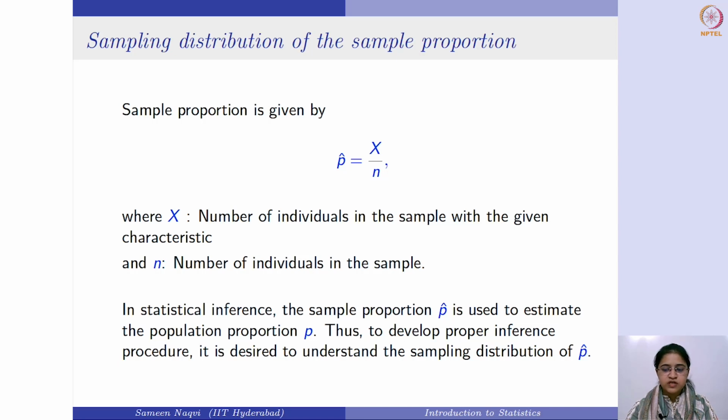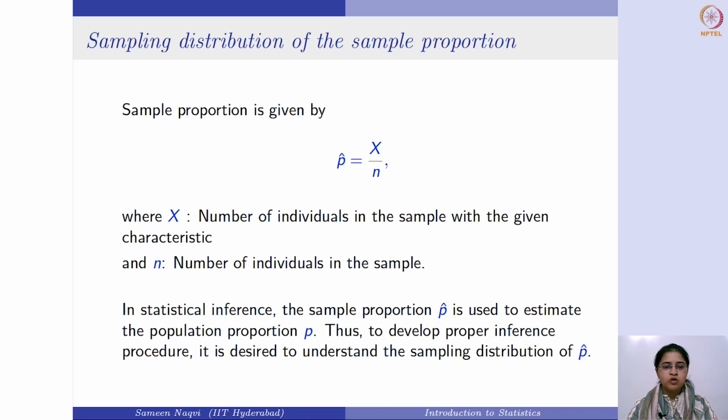Whichever individual has that particular characteristic we can consider a success. So the total number of individuals can be divided into two categories. Either they will have that characteristic or they will not. So getting a person who has that particular trait will be your success, otherwise it will be a failure, and we are looking at n individuals.